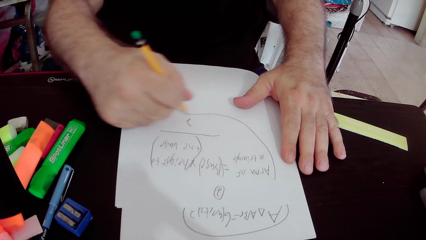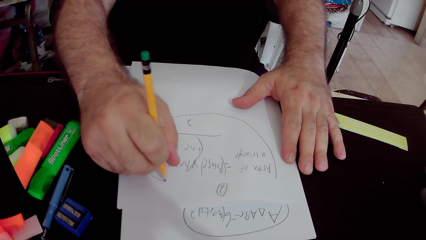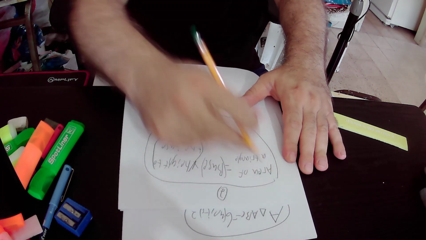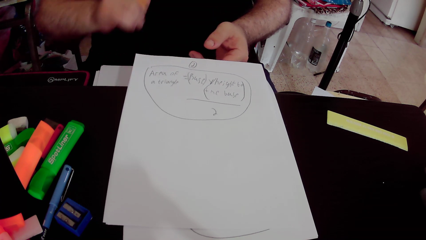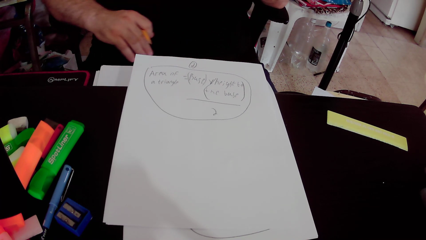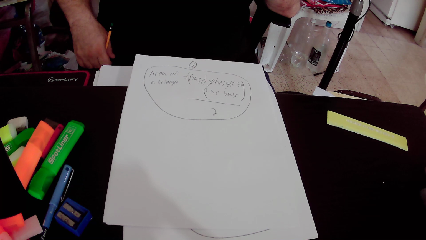Okay, so the formula for the area of any triangle equals the base of the triangle times the height to the base divided by 2. And you should remember that the height always creates 90 degrees with the base. Okay?